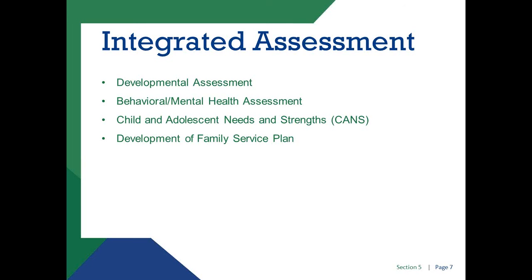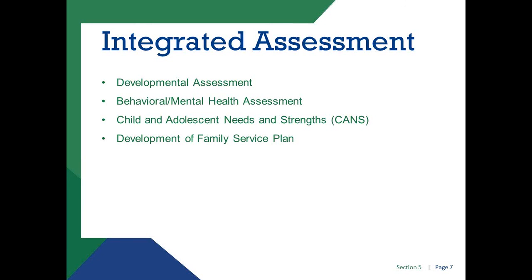It's called the integrated assessment. Their CANS, the Child and Adolescent Needs and Strengths, is done for each child. And at 35 days, the family and the caseworkers sit down together and develop a family service plan going forward for this child. So that, in a way, completes all the initial evaluations of the children.